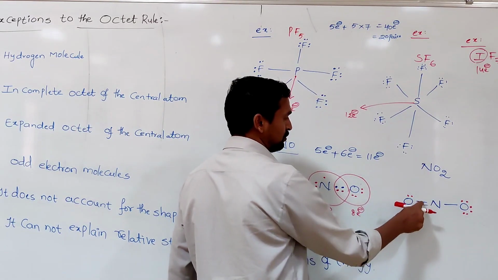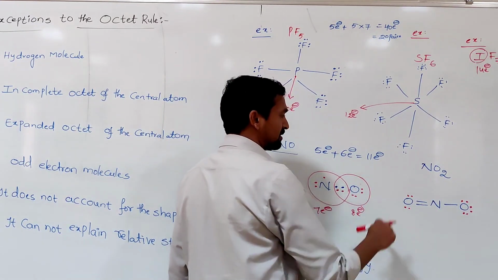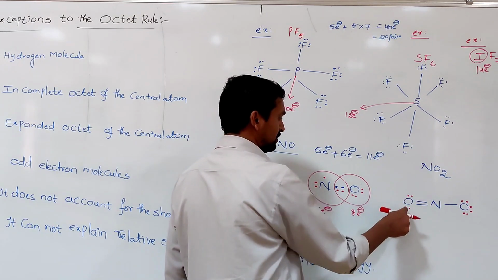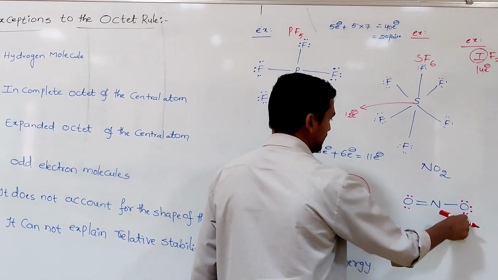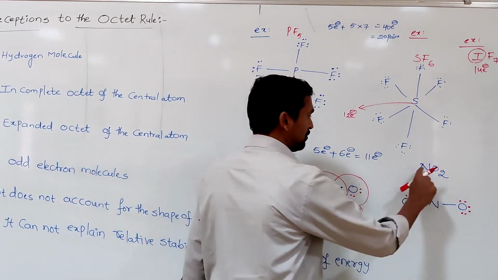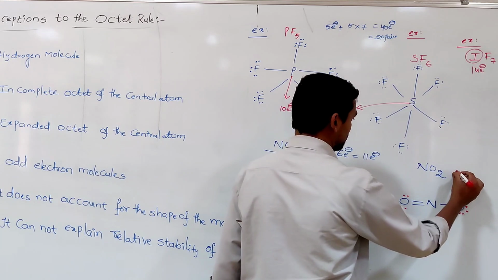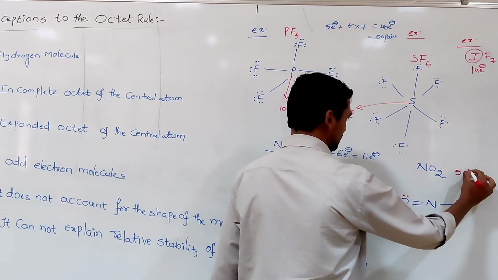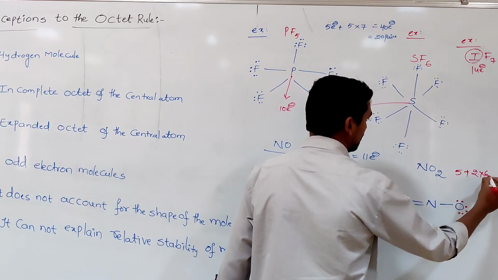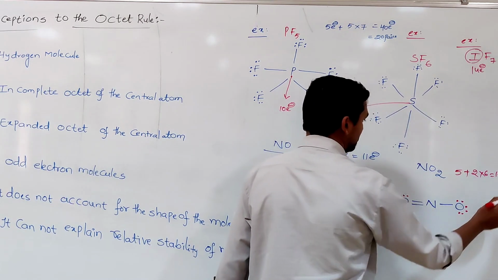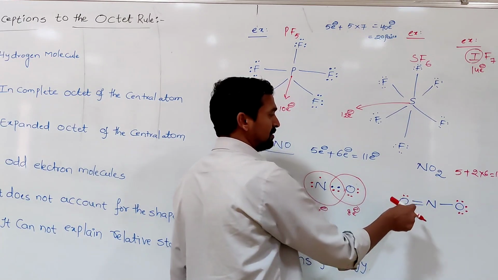This is also getting 2, 4, 6, 8. How many electron pairs are completed? 1, 2, 3, 4, 5, 6, 7, 8. 8 twos are 16. But how many electrons are there in NO2? Nitrogen has 5 valence electrons. Each oxygen has 6, 2 into 6. So the total is 17 electrons. Out of the 17 electrons, already 16 electrons are used.